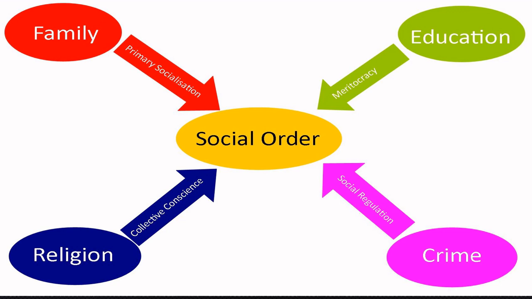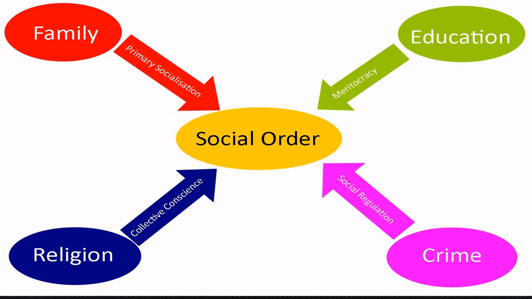And the religion, on the other hand, somehow has a function also in addressing the conscience or the morality of the people. And crime practically also has a function in social regulation, meaning if there is no crime, okay, you do not know whether your laws and regulations are perfect or not.